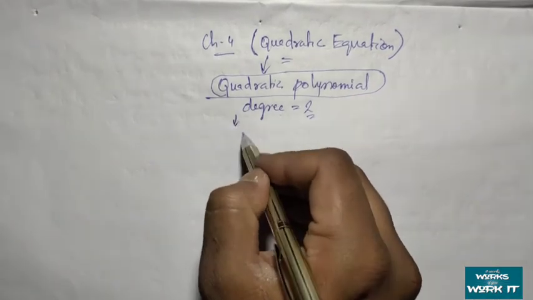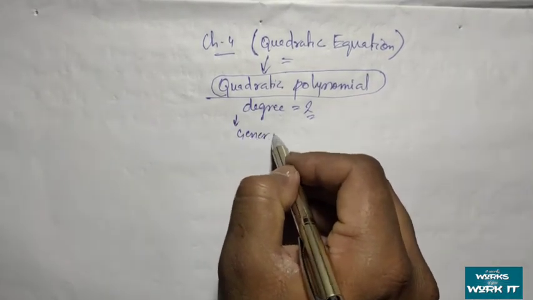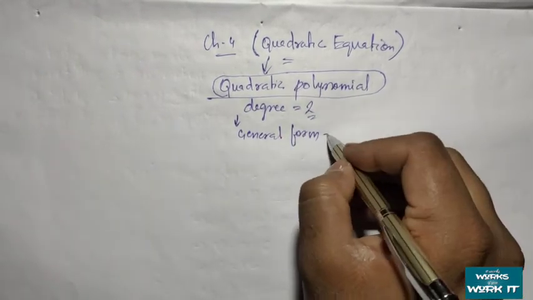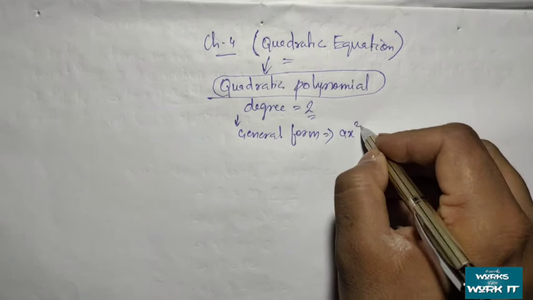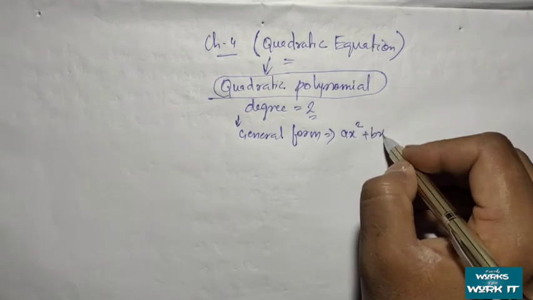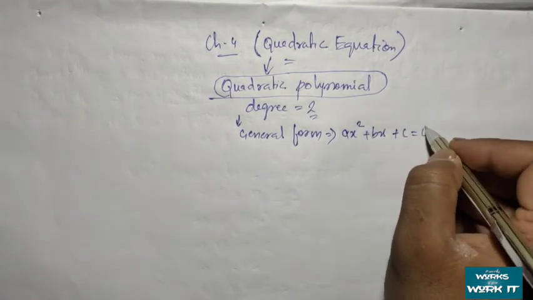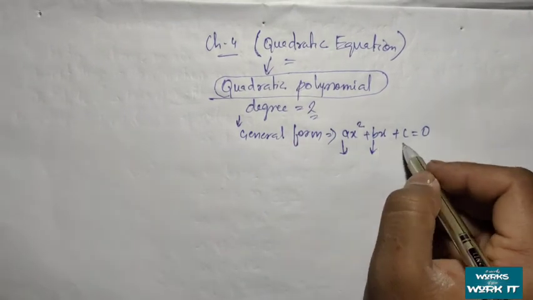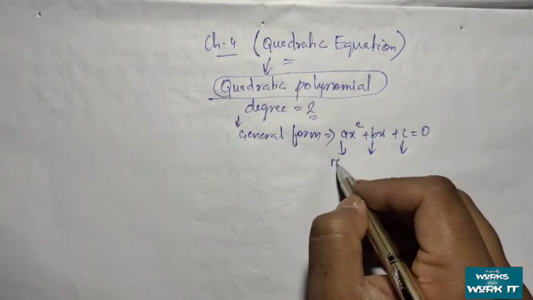If we see the general form of a quadratic polynomial, it will be ax square plus bx plus c equal to 0, where a, b and c are real numbers.